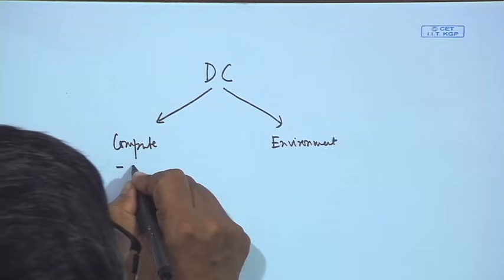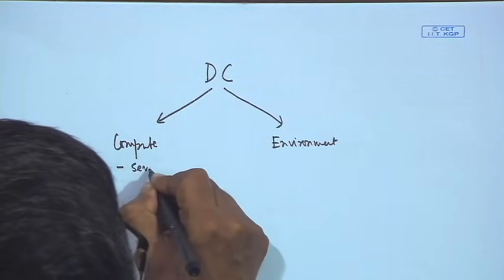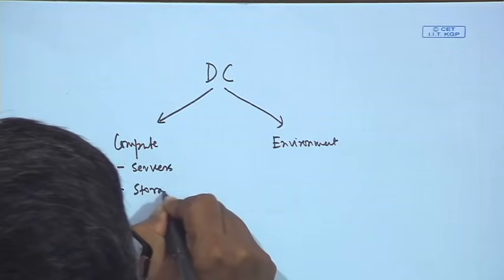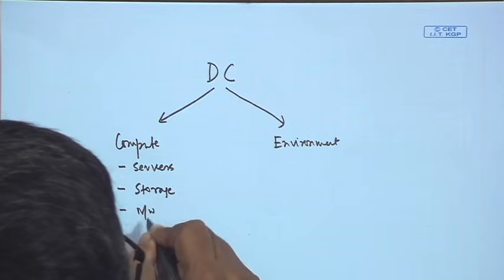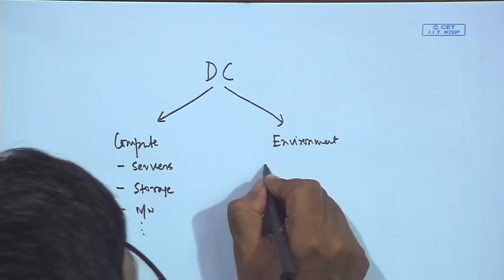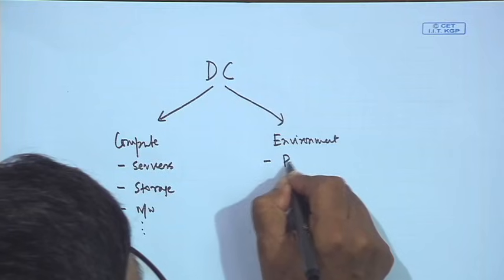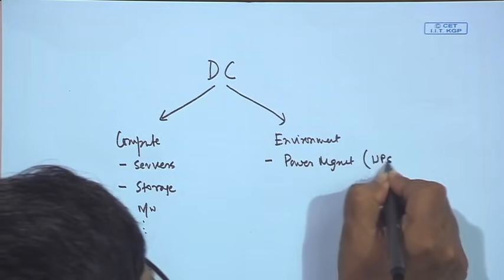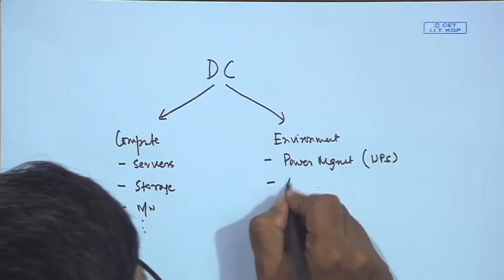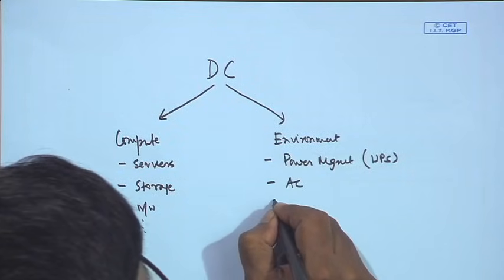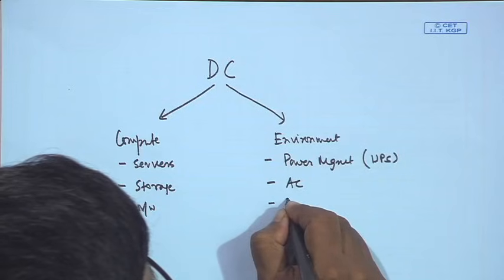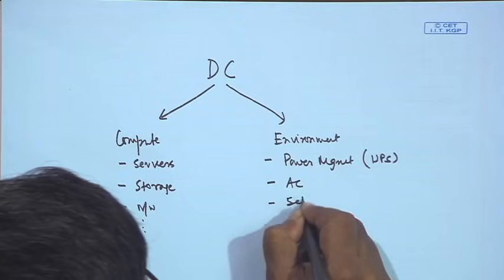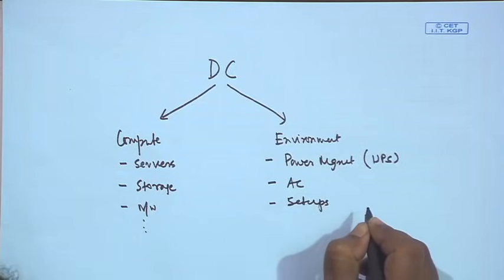Here we have servers, storage, network and others, whereas here primarily power management, maybe UPS, then AC and other overall logistics arrangements, different types of setups, etc. to house the data centers, right.